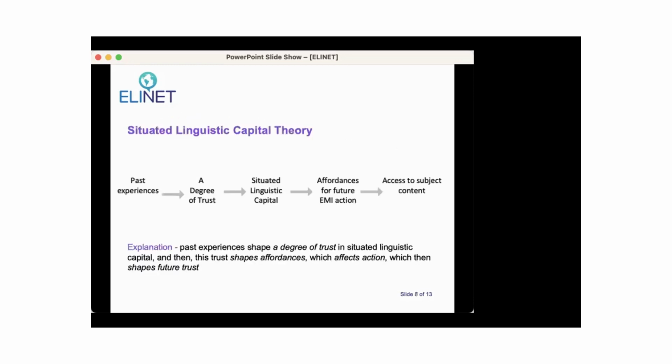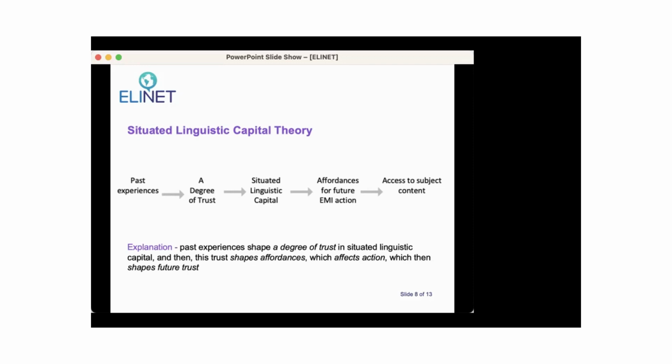So as I previously mentioned, I've labeled this grounded theory as situated linguistic capital theory. And the theory conceptualizes how L1 and L2 linguistic codes present linguistic capital in different situations.